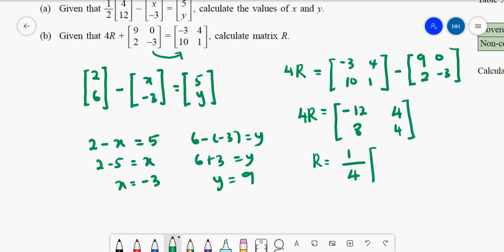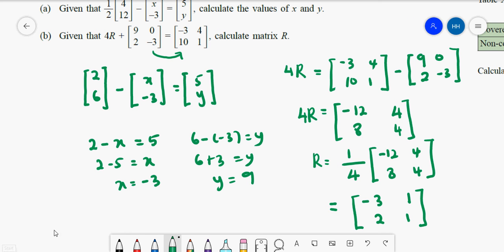Negative 12, 4, 8, 4. And then you multiply 1 over 4 with all the elements inside. So it becomes negative 3, 1, 2, 1. Okay, so that's how you find matrix R.